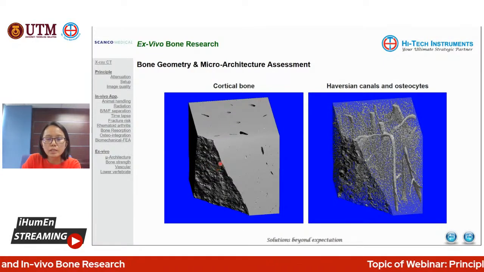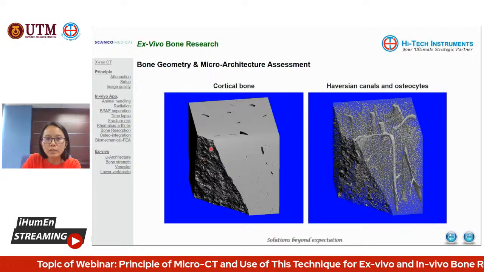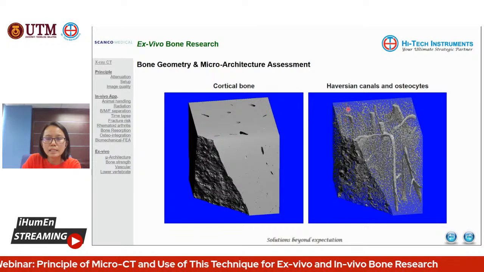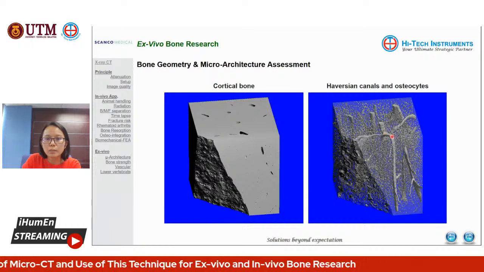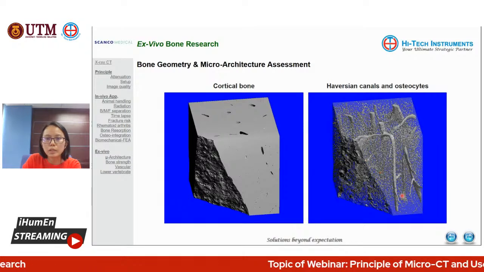When you inverse it using the software, the solid becomes transparent, and the transparent pores become solid. You can see much more information. For example, you can see the tube here is representing the Haversian canals, and also the small dots all around the cortical bone here are the osteocytes.